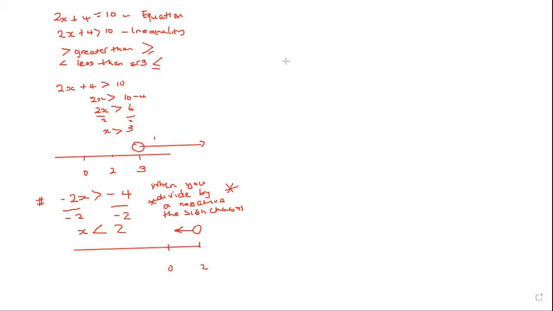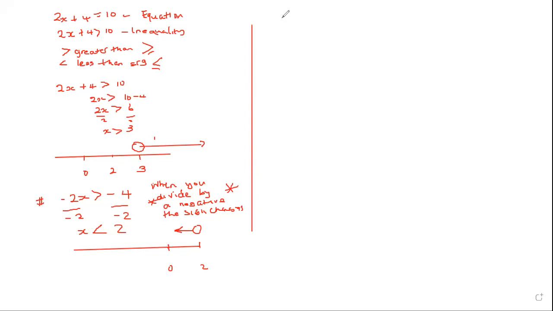Let's say we want to move on to what we call simultaneous inequalities. So we are moving on to another aspect which we call simultaneous inequalities. Let me get my pen again, then I'll demonstrate how we do this one.